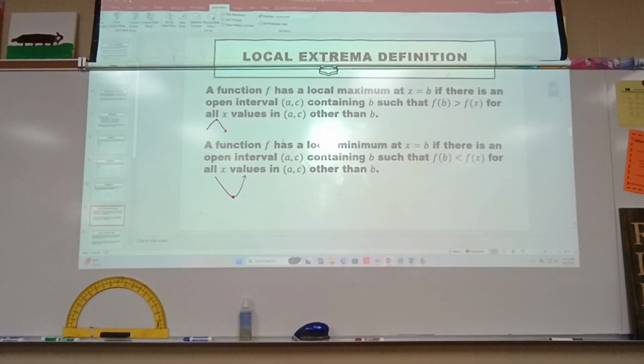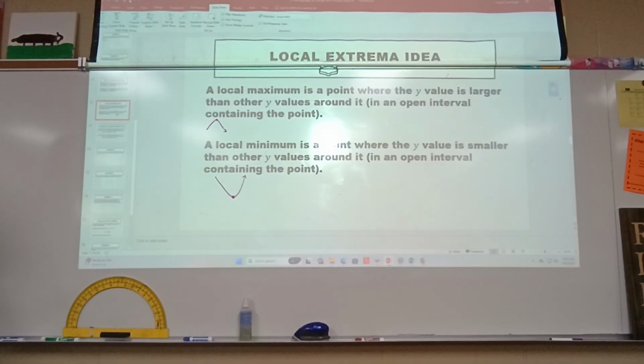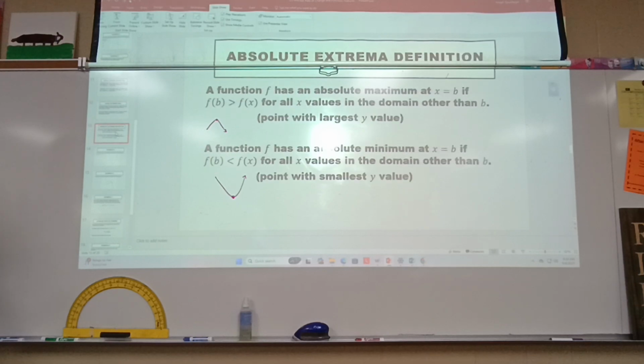You do not have to use that definition in here to figure these out. You can figure it out by looking at the graph. A valley is a min and a hill is a max. Yep, they're saying the same thing. And that is an absolute.